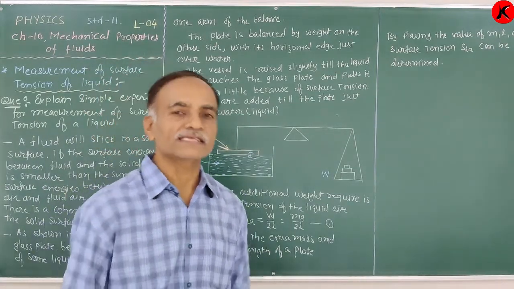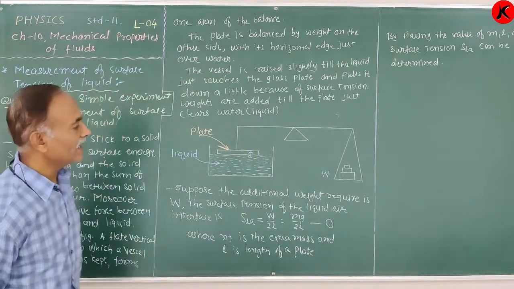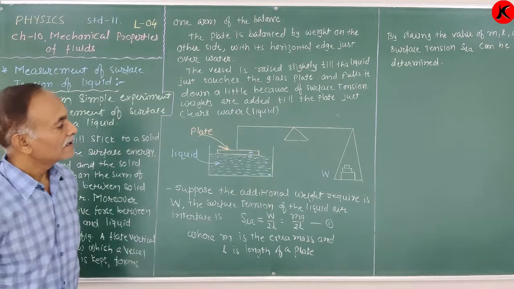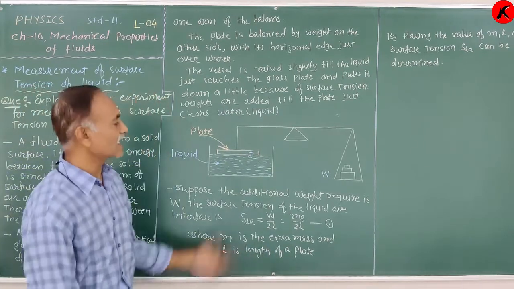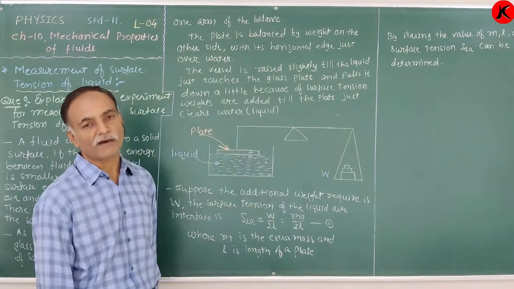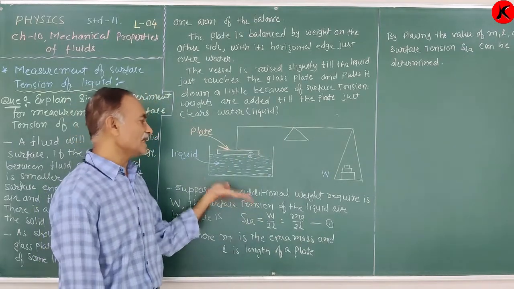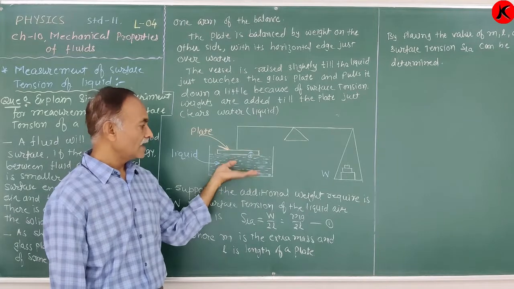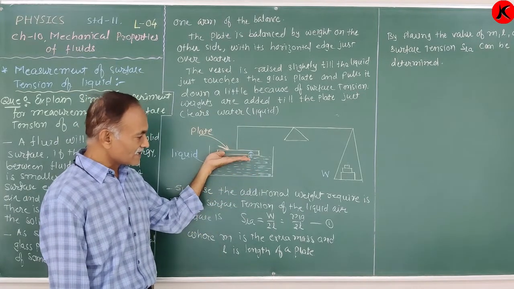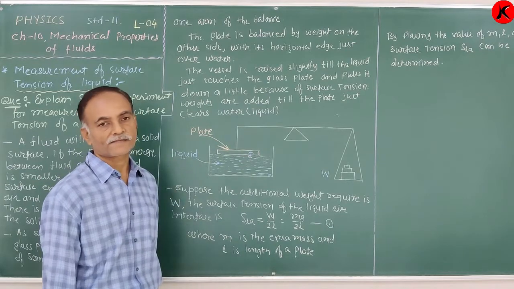Only the simple balance that at present in our daily life we are using. But here the main thing is that initially the glass plate is balanced by some weight in the pan. Now we raise the vessel with a liquid in such a way that the surface of the liquid just touches the glass plate.